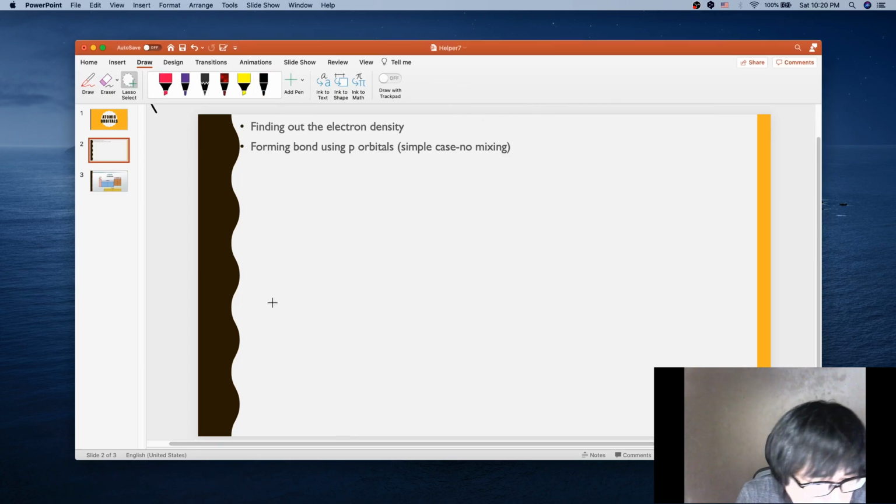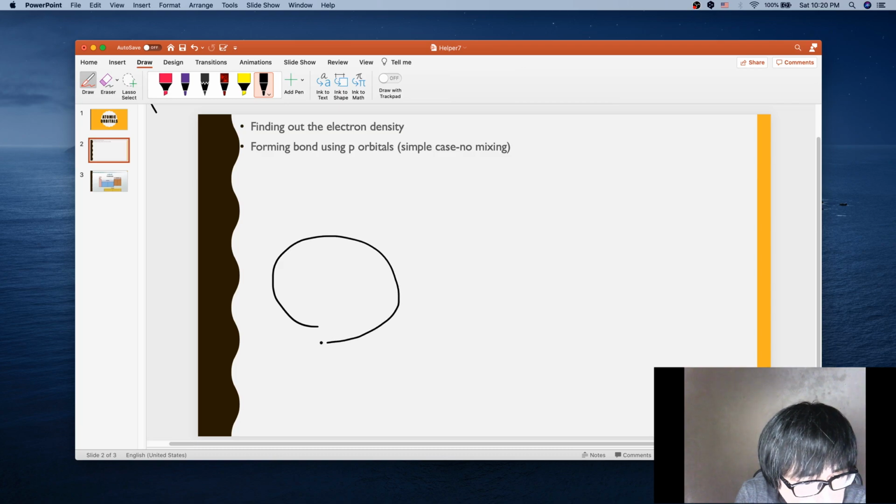So let's just say that I have an s orbital right here. An s orbital is just a sphere. So this is just like one color, also one phase.